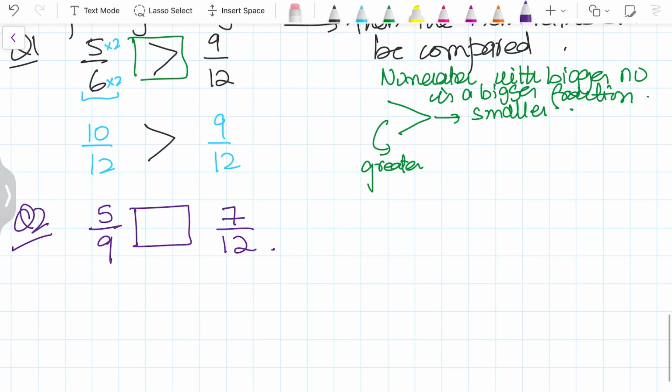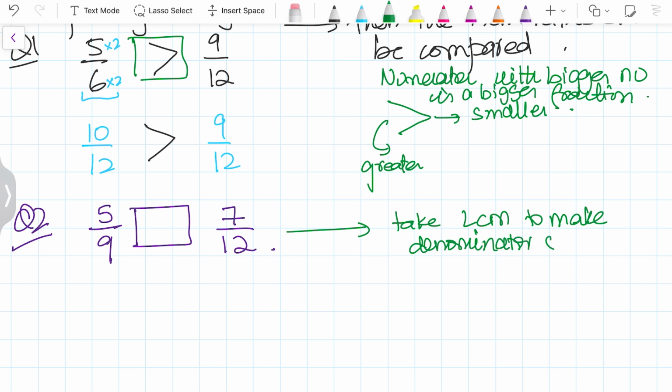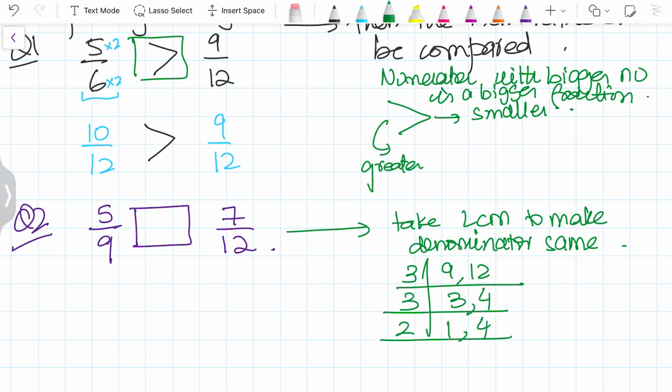Now 9 and 12 do not come in the same times table, so we take LCM to make denominator same. Meaning, if I take the LCM of 9 and 12, 3 times 3 and 4, 3 times 1 and 4.